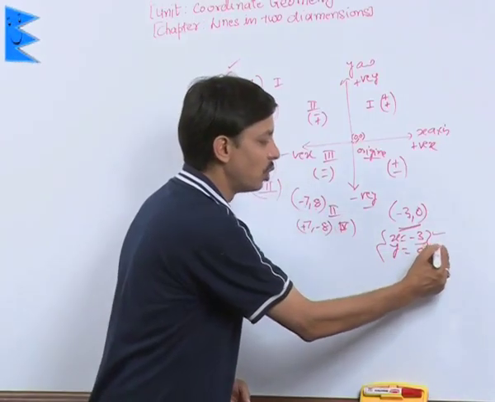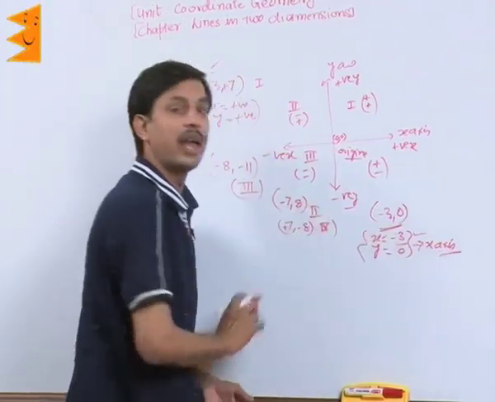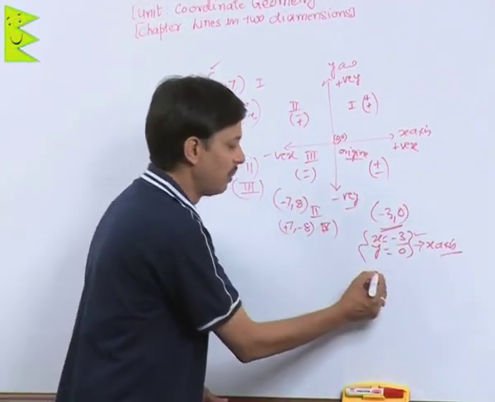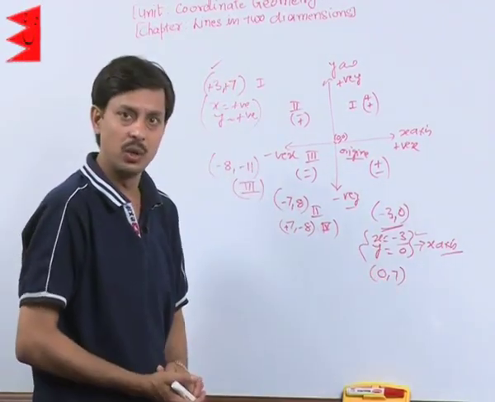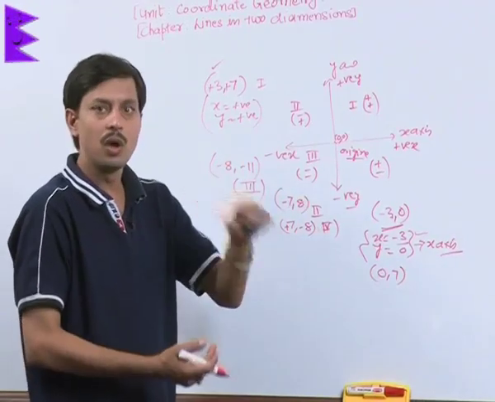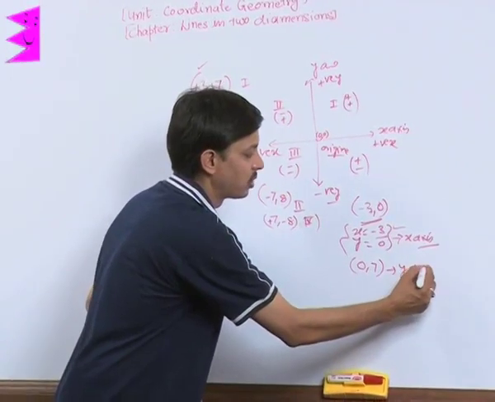Here y is 0, so this lies on the x-axis, on the negative side. Similarly, one more problem: (0, 7). Here x is 0. If x is 0, then the point has to lie on the y-axis. So (0, 7) lies on the y-axis.